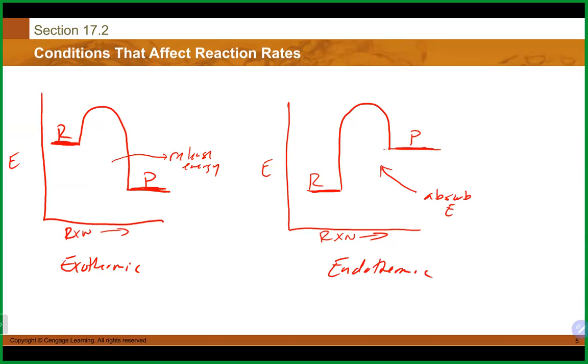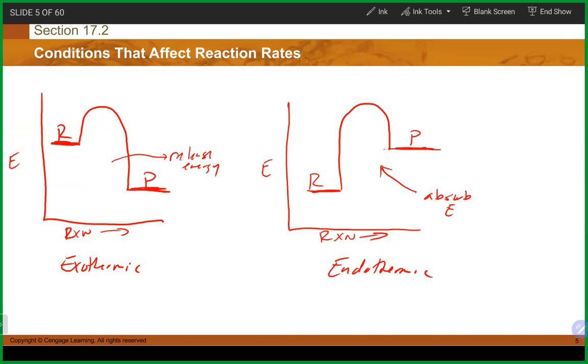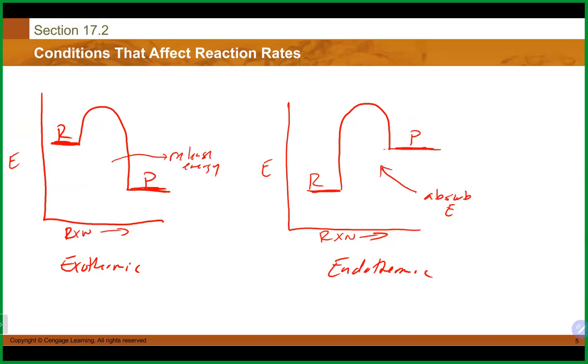As this reaction is taking place, all of our reactants are starting to break their bonds, and they're starting to make new bonds. And there's really that hill that they have to climb to get to the other side. That is the peak of the energy. That again is your activation energy.